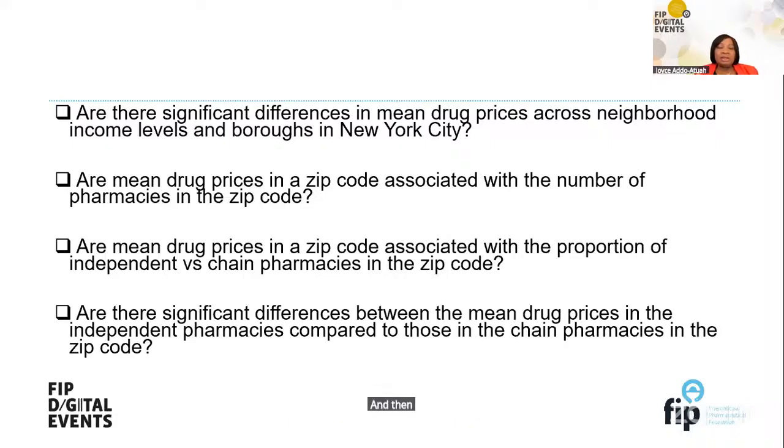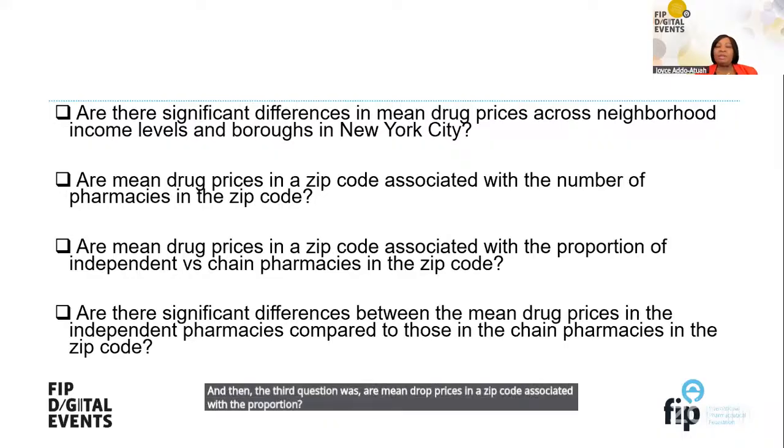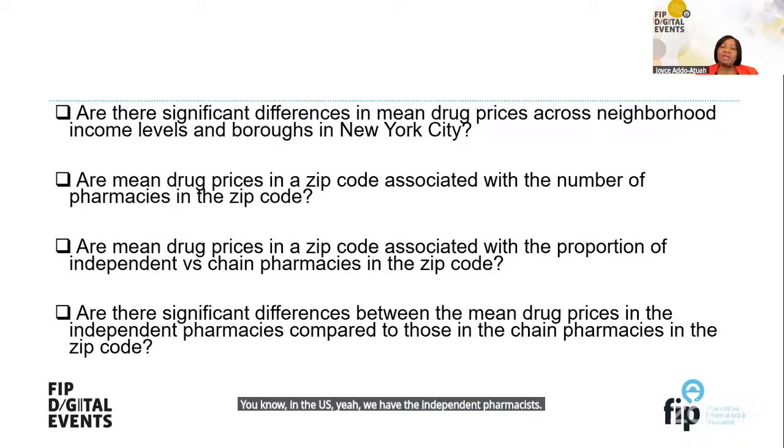And then the third question was, are mean drug prices in a zip code associated with the proportion of independent pharmacies? Here in the US, we have the independent pharmacies, and then we have the chain pharmacies, like CVS, Walmart too is there, and Duane Reade and all that.